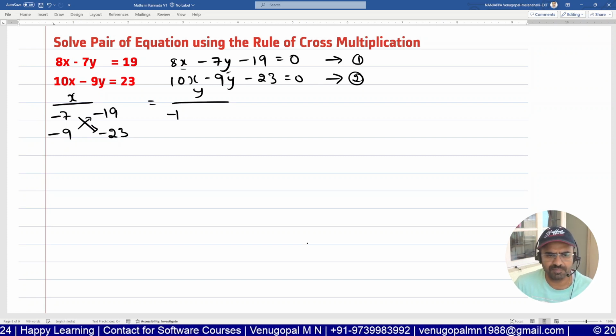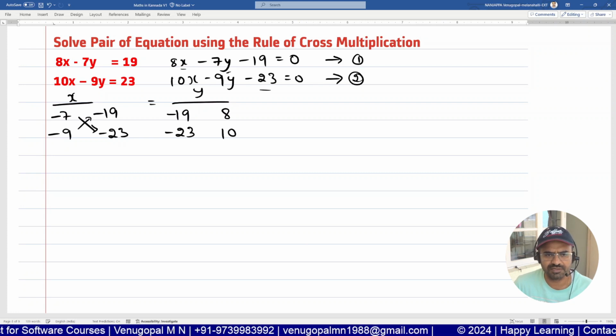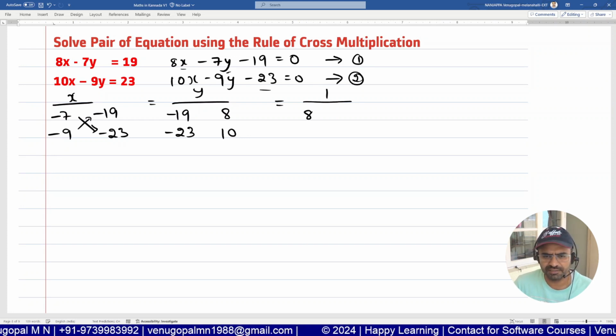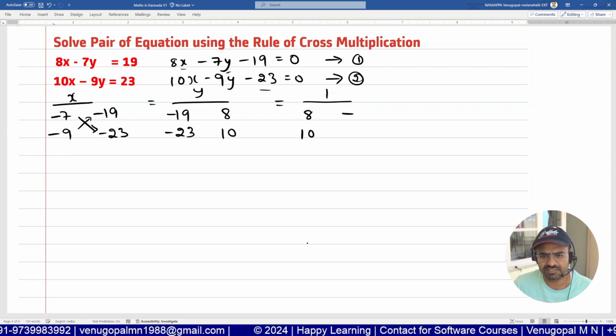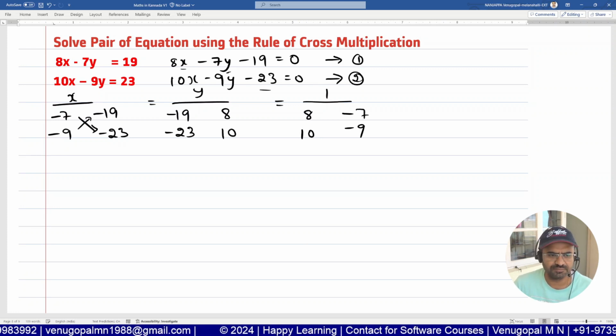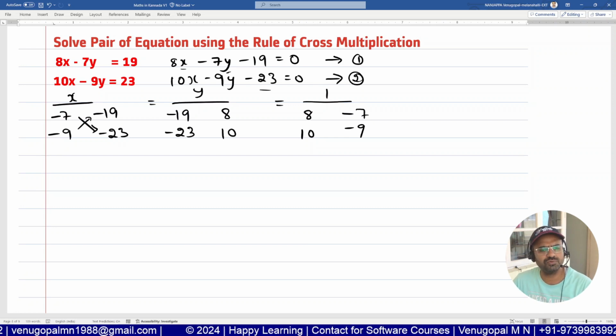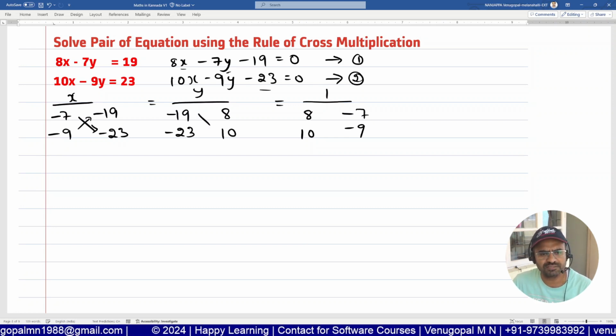Now we have to start from minus 19 and minus 23 and then 8 and 10. We should not write values related to y here, is equal to 1, the constant coefficients: 1 divided by 8 and 10, and the coefficients of y from both equations, minus 7 and minus 9. So now you have to do the cross multiplication again.